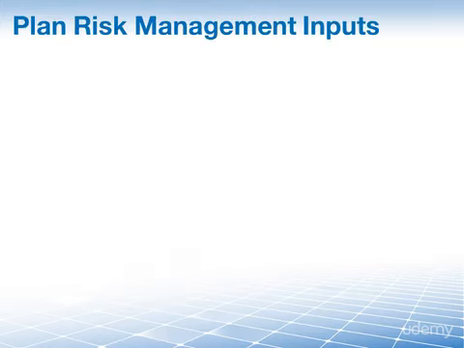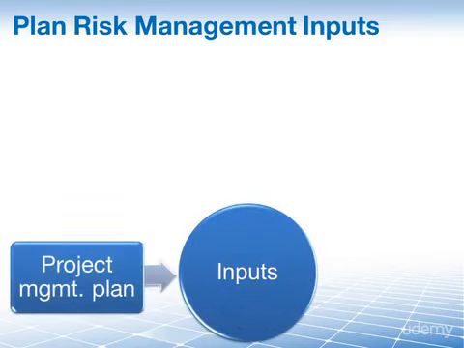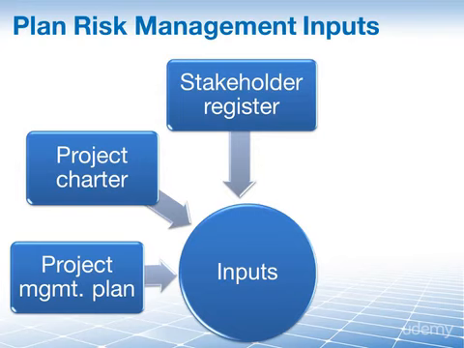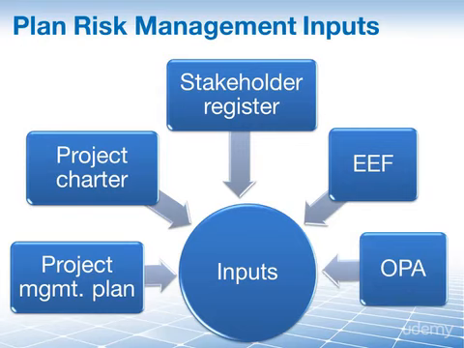All right, quick overview here of the inputs to plan risk management. We have the project management plan. Then we have the project charter, the stakeholder register, the enterprise environmental factors, and also some organizational process assets.